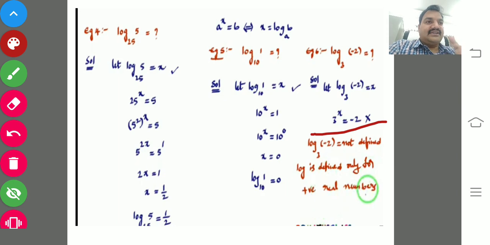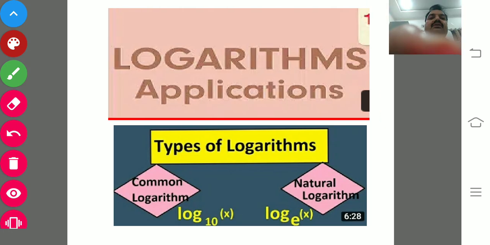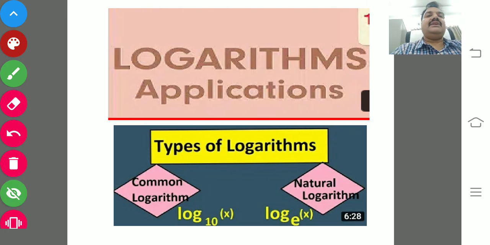I hope you could understand, children, the definition of logarithm and the examples. Now logarithm applications. Before going to logarithm applications, you have to know the types of logarithms. The first one is the common logarithm. The second one is the natural logarithm.